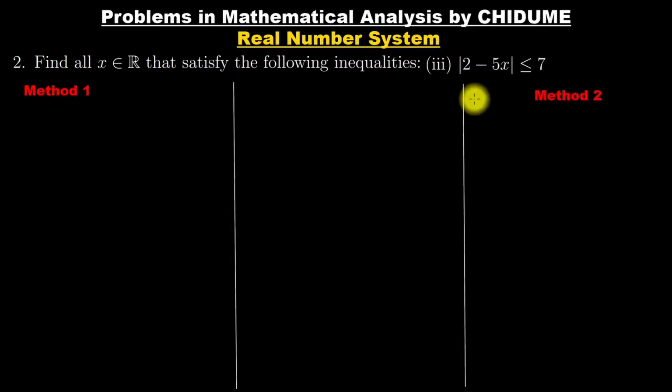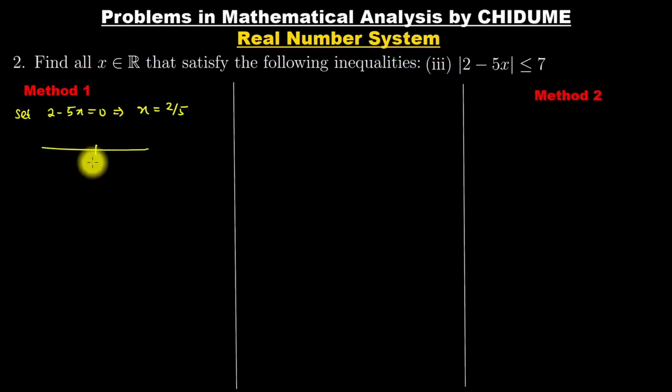Again, I want to partition my solution into different intervals on the real line. Obviously, I'm only given just one absolute value. So if I set 2 − 5x to be equal to 0, that means my x is going to be what? 2/5. So my real line is going to be divided into 2 parts.